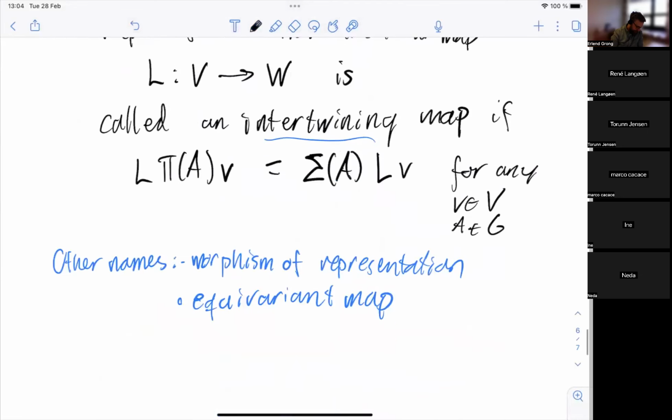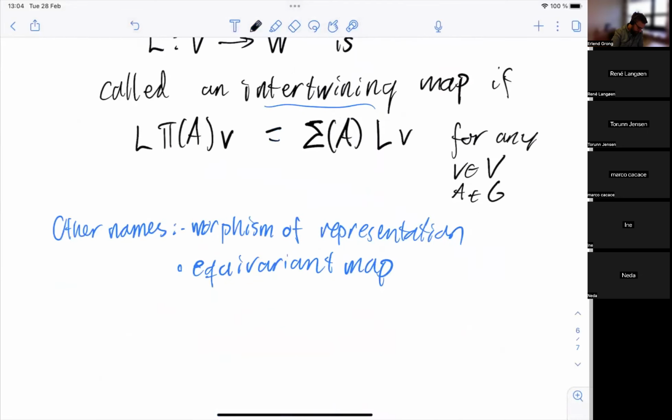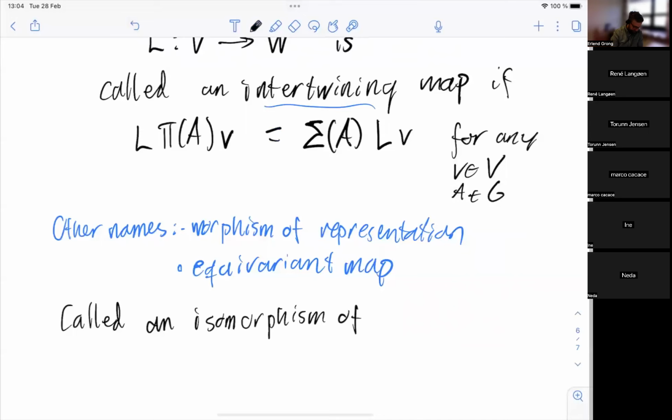So L is then a linear map, and it's called an isomorphism of representations if L is invertible.